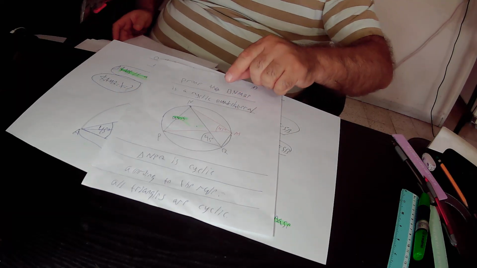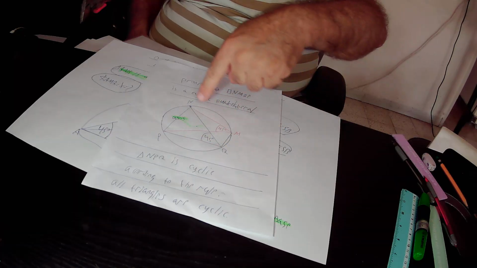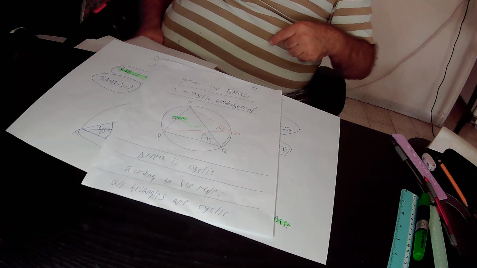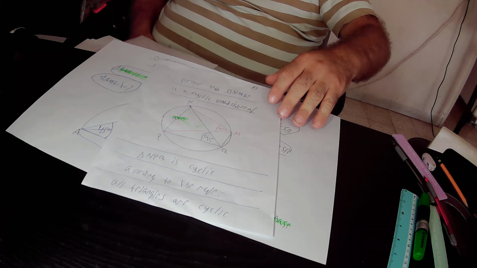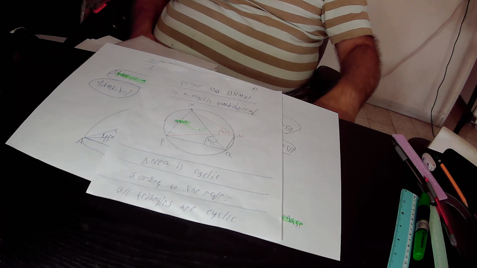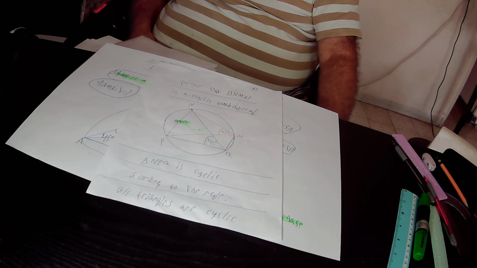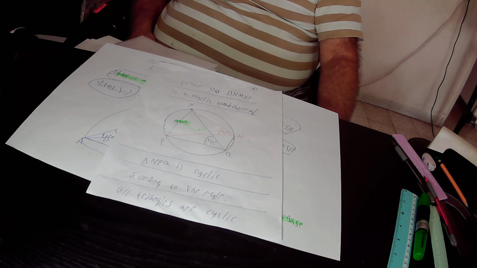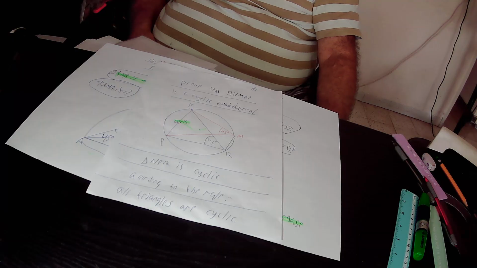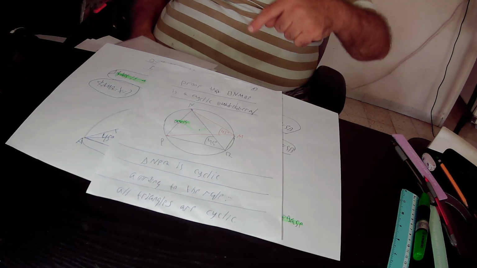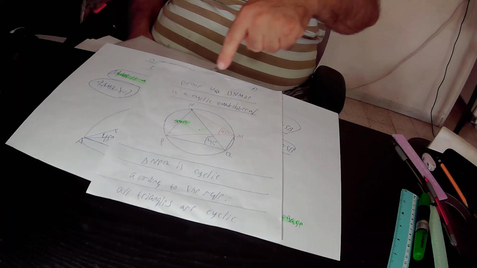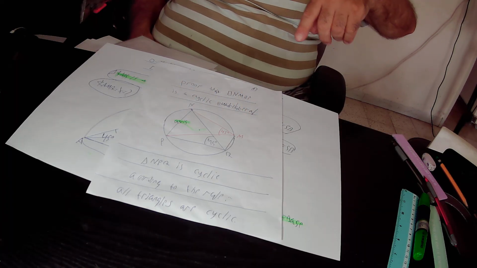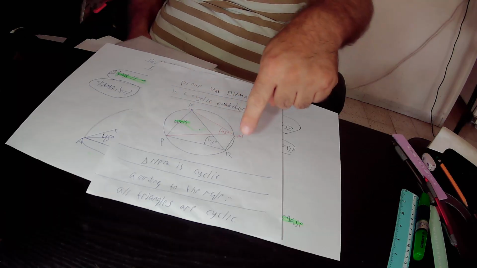This is triangle PQN according to the original diagram. We have the rule that all triangles are cyclic. All the triangles in the world are cyclic. Therefore, triangle PQN can be inscribed by a circle. So we enclosed this triangle NQP by this circle.